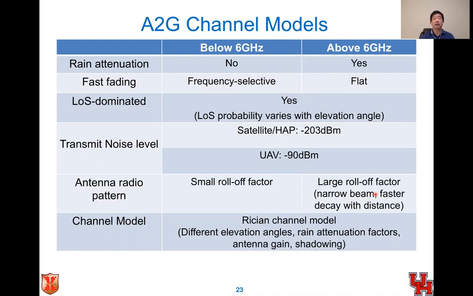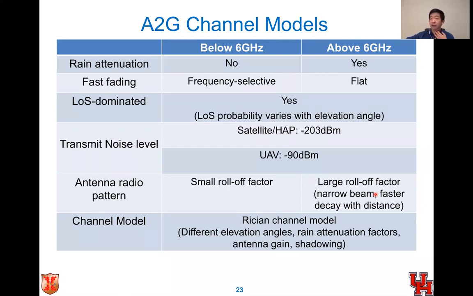And also, below 6G, you can use this kind of a cell phone. So for example, for the cell phone, you can directly connect to the constellation. Above 6G, you cannot use a cell phone typically. You have to use this kind of station.